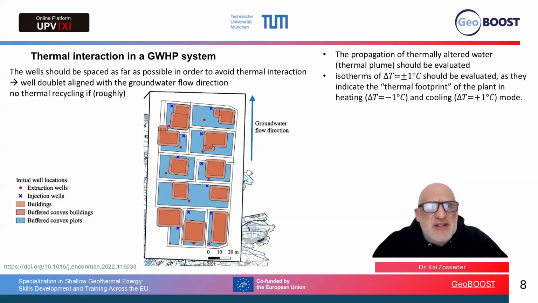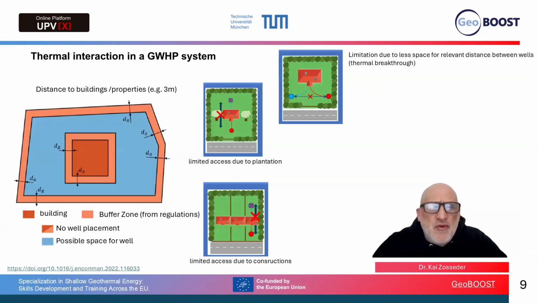You need a specific distance, and this distance also depends on how much space you have left on your ground anyway. Normally you should not influence it by more than 1 degree Celsius, something like that. This is quite common for planning. And of course, you also need to consider other distances for practical reasons.